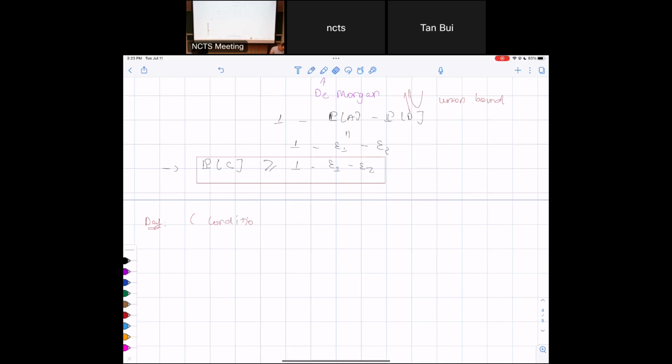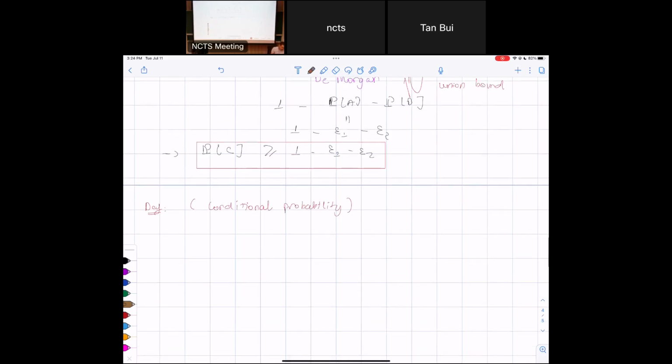Conditional probability. If you do Bayesian statistics, it happens everywhere. This is a very useful thing because we always operate conditionally on something, as you can see in a second.